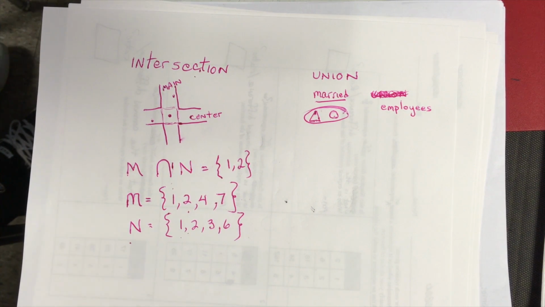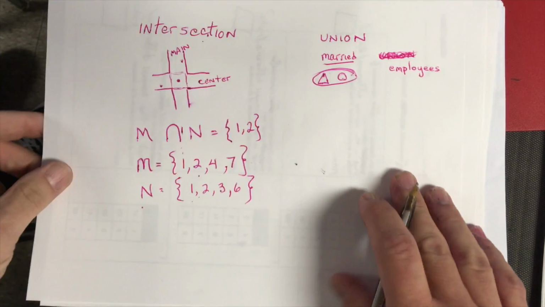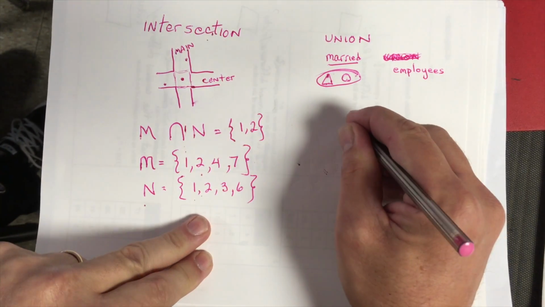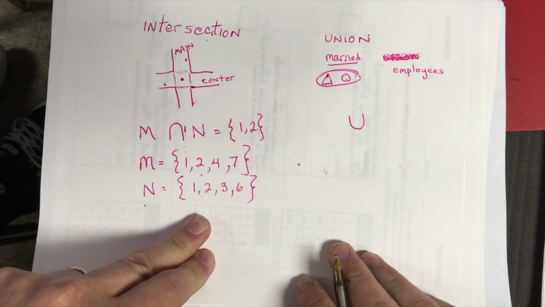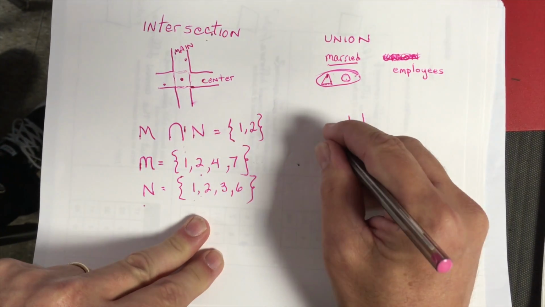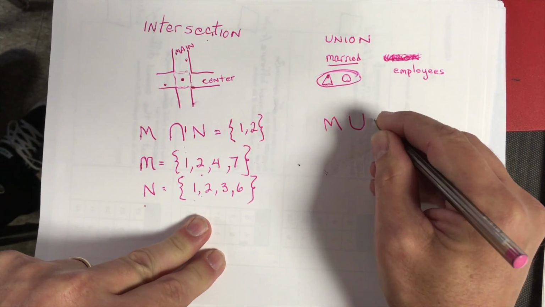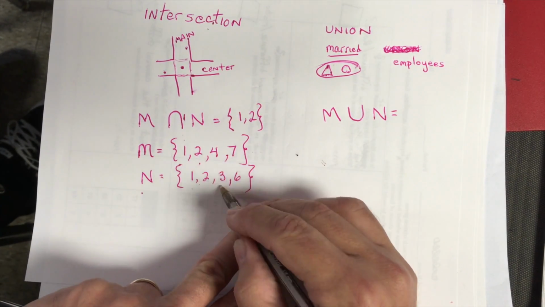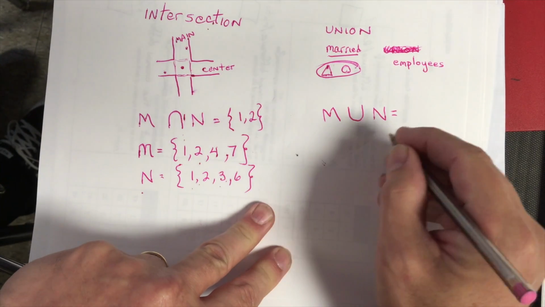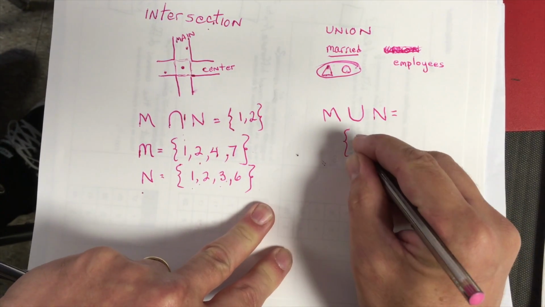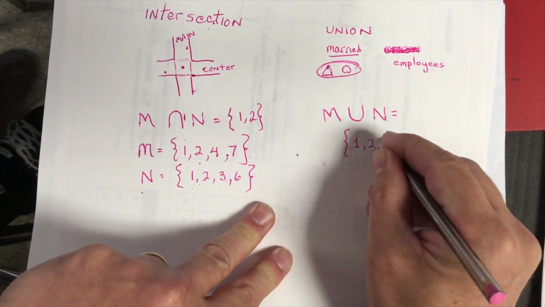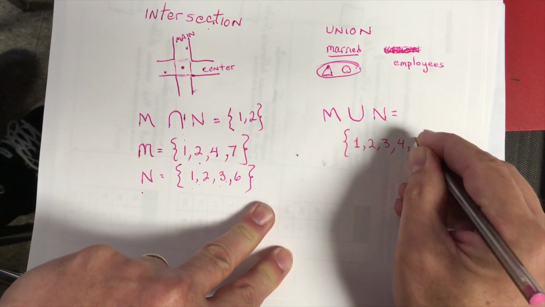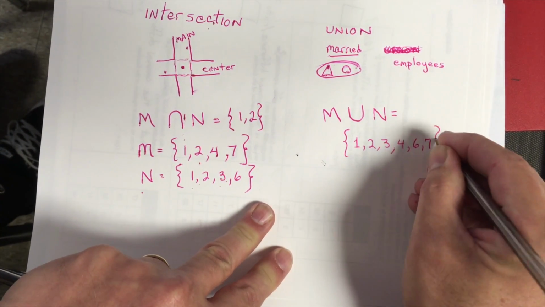And everybody's in. In terms of set theory, that's designated like this. And if I said M union N, in this case here, that would be the set 1, 2, 3, 4, 6, 7.